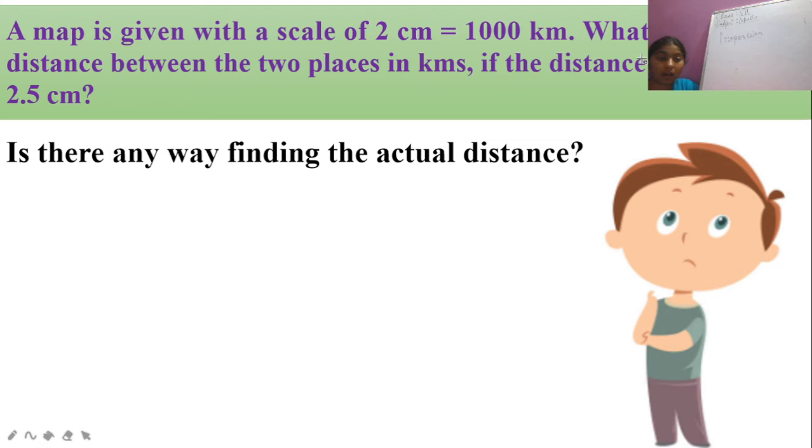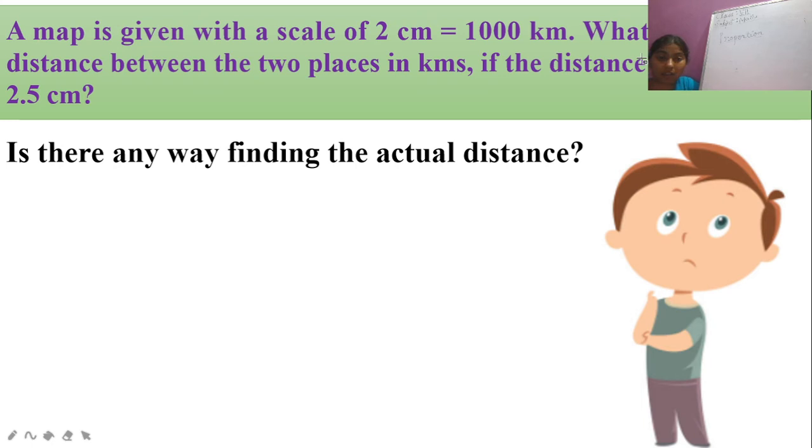You know this is the unitary method, which we discussed previously. That method we can use to solve the question, which we have done. Now we can use the method in the form of a proportion.